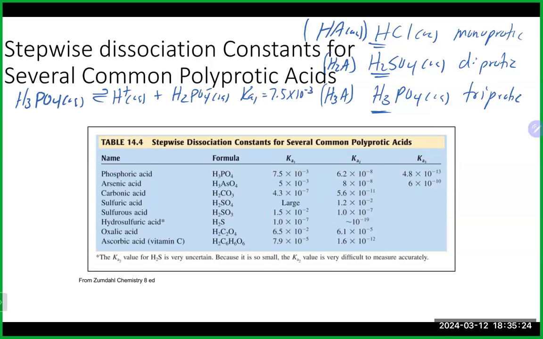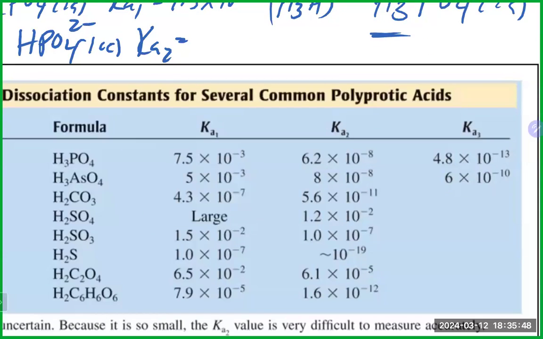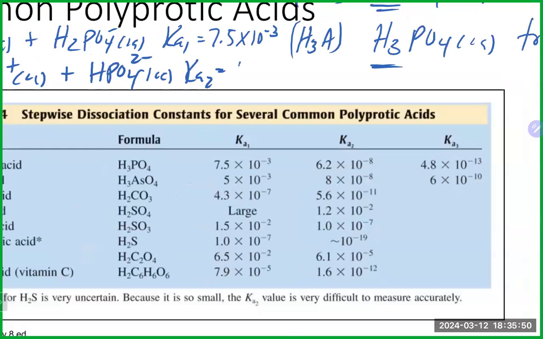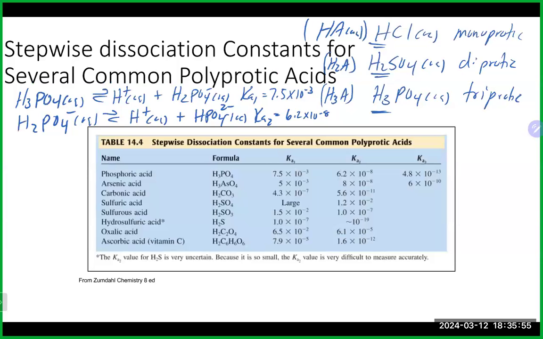What will happen next is that guy that's already lost 1 hydrogen will then pop off the next hydrogen. And you will be left with HPO4 2 minus. And that is the Ka2 value. And that looks something like 6.2 times 10 to the minus 8 in this particular case.